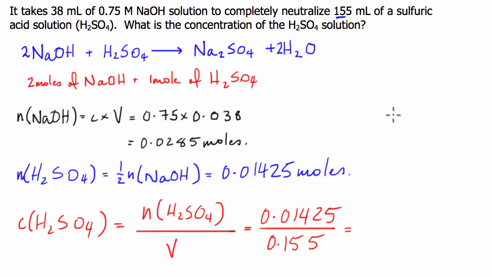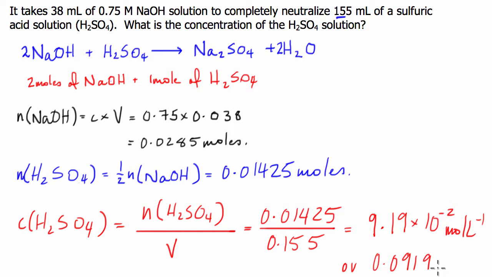And that, my friends, is equal to 9.19 times 10 to the negative 2 moles per litre, or 0.0919 M. You can write capital M. These two units, moles per litre and the capital M, are interchangeable.